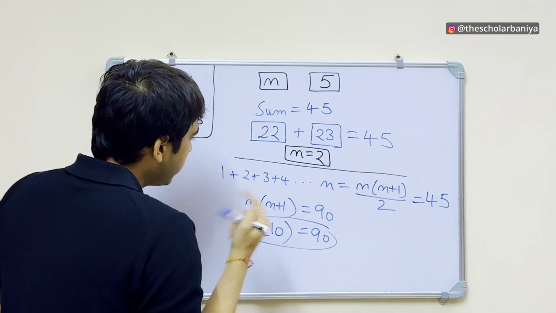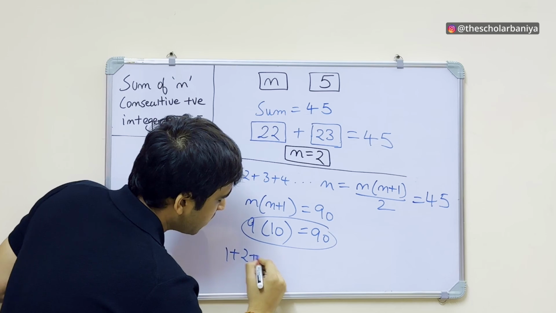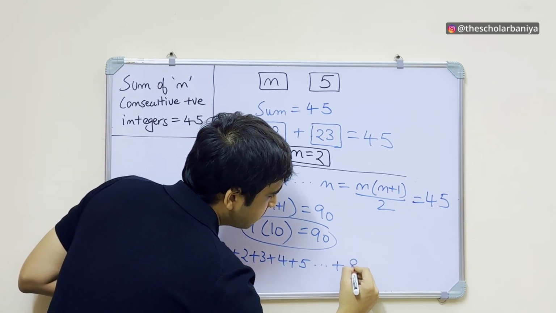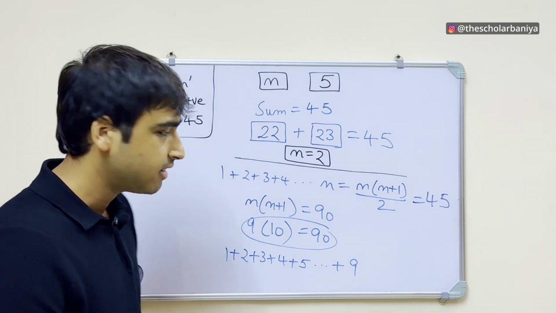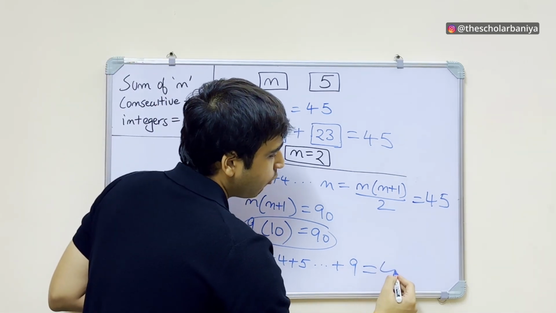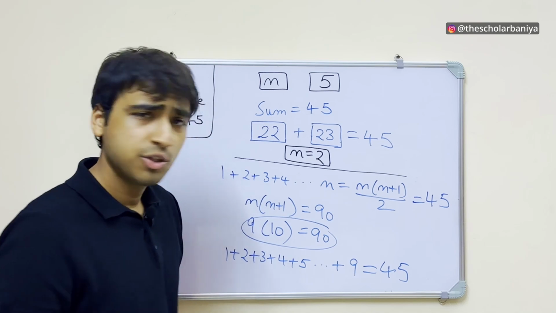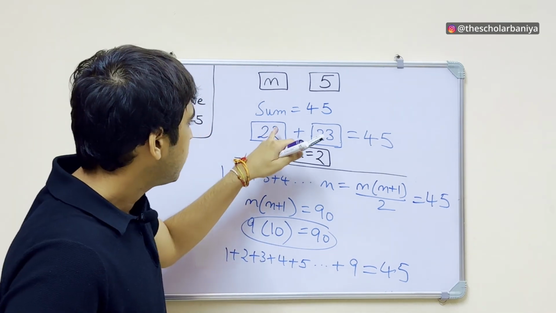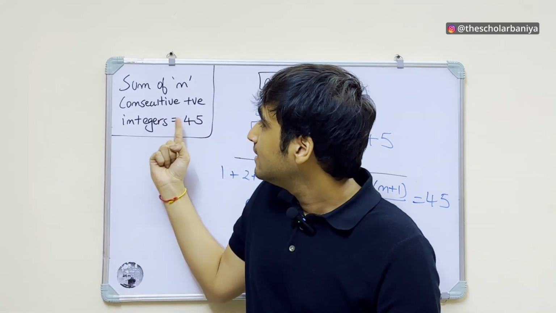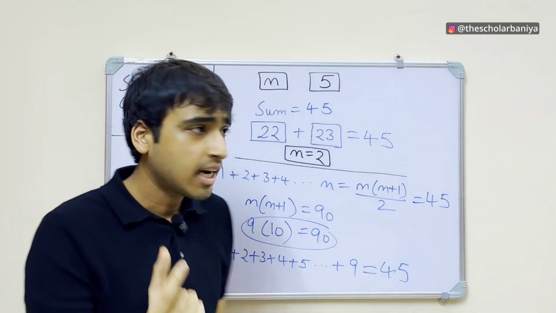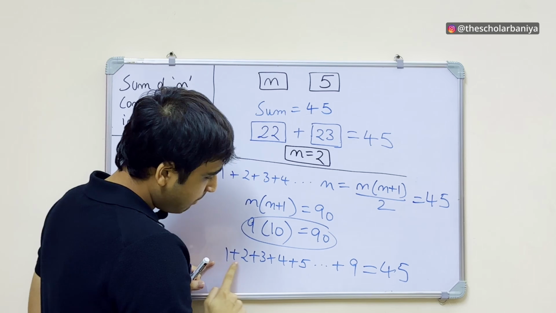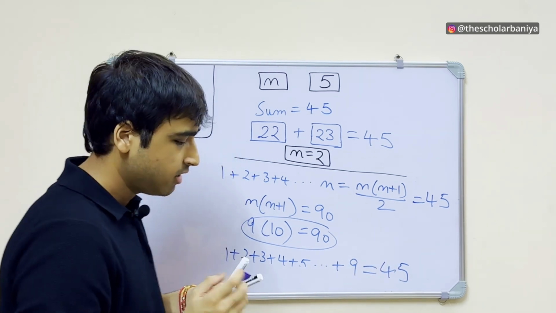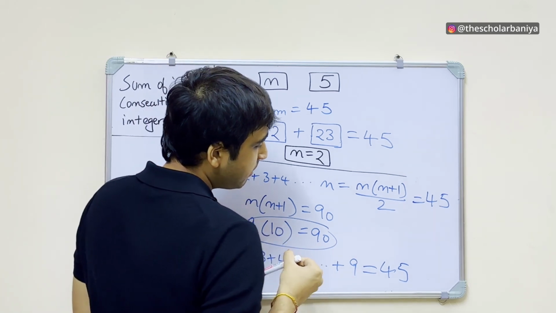So if you take 1 plus 2 plus 3 plus 4 plus 5 up to 9, then this answer will become 45. And that is what we wanted to find: n consecutive integers such that the sum is 45. So these are 9 consecutive integers such that the sum is 45, and the value of n becomes 9.